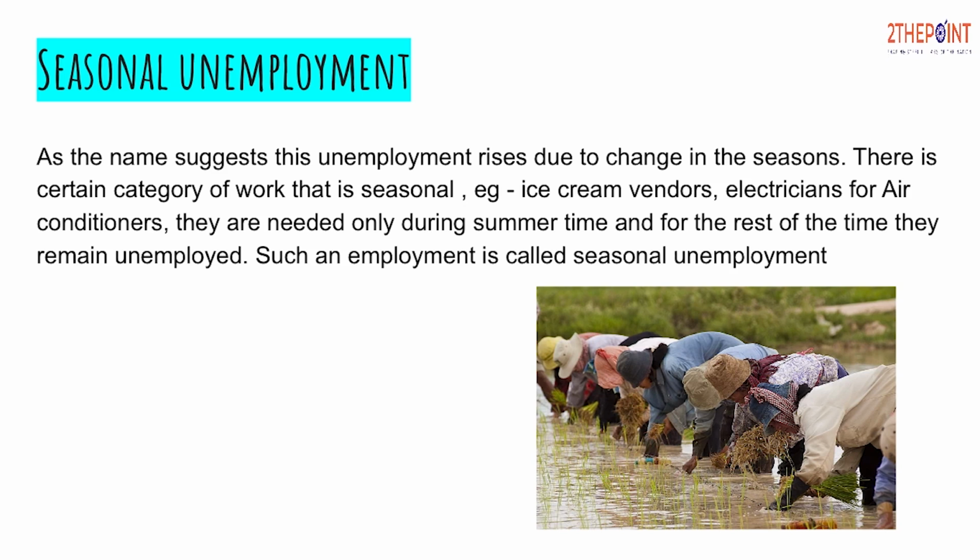So for the winter season they remain unemployed, and that is called seasonal unemployment, because they are unemployed because of the change in season, because the industry to which they were associated was seasonal in nature. As the name suggests, this unemployment arises due to change in the seasons. There is a certain category of work that is seasonal. For example, ice cream vendors and electricians for air conditioners are needed only during the summertime, and for the rest of the time they remain unemployed.